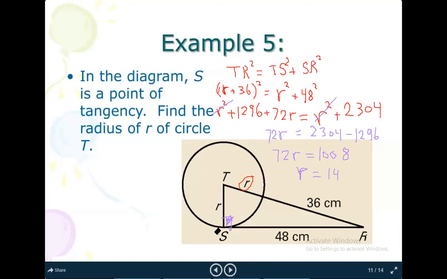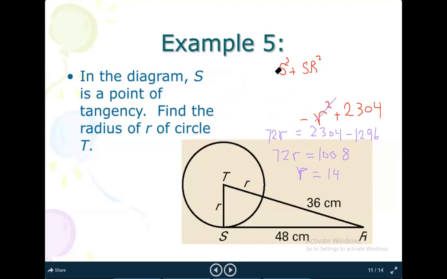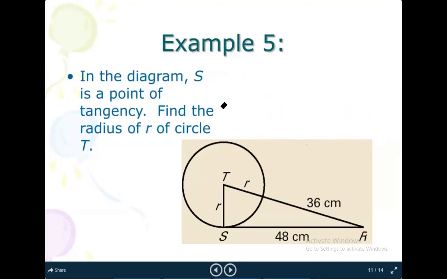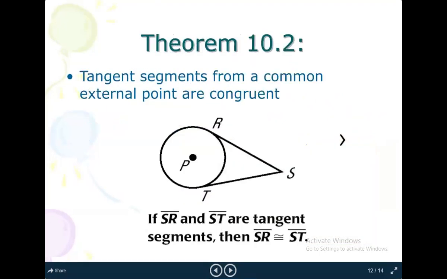We found that the length of the radius equal 14. So this is how we can use a tangent with radius. As I said, once we have a tangent and radius, we have a right angle. And we will use the Pythagorean theorem to find the length of the radius.